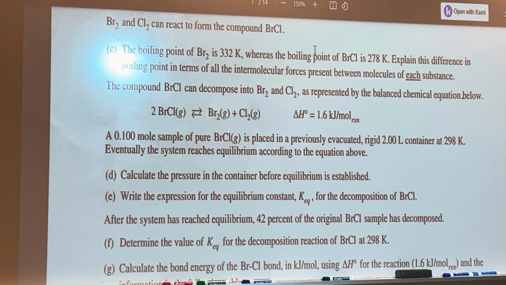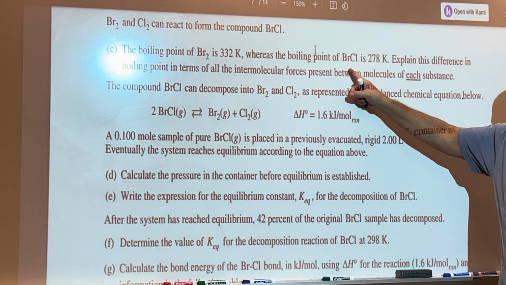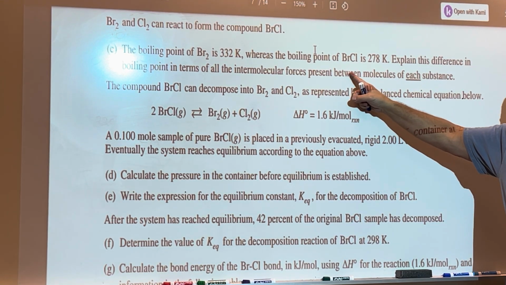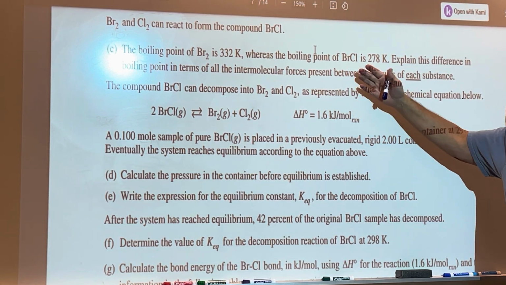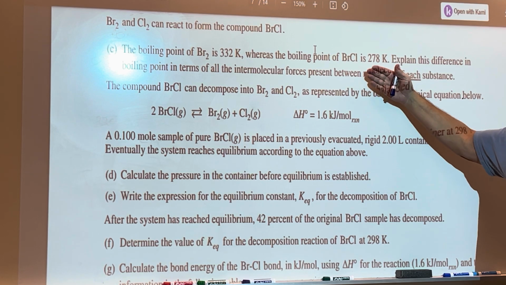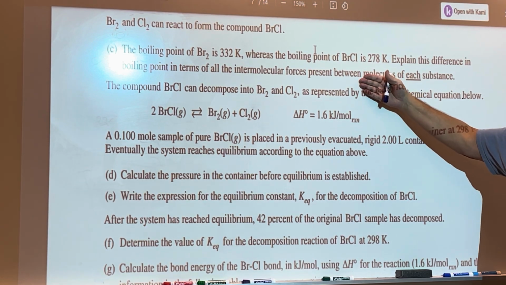So I would say the reverse way: because Br2 has a bigger electron cloud than BrCl, it is more polarizable, allowing it to have stronger LDFs than the combined LDFs and dipole-dipole of BrCl. And stress again, between molecules. But this could have been on the last test you just took. So we need to know that.